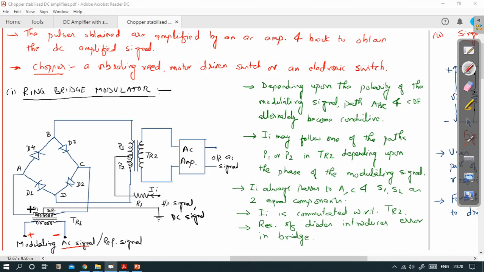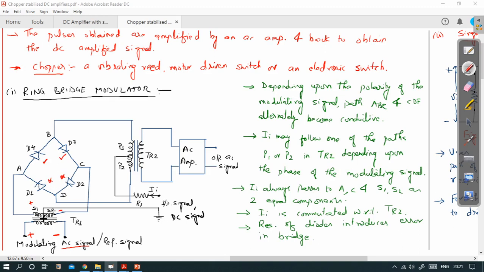This will make this transformer positive on this side and negative on the other. With this polarity, which diodes will be conducting? Look at here, D4 and D3 will be conducting. What about D1 and D2? D1 and D2 will not be conducting.